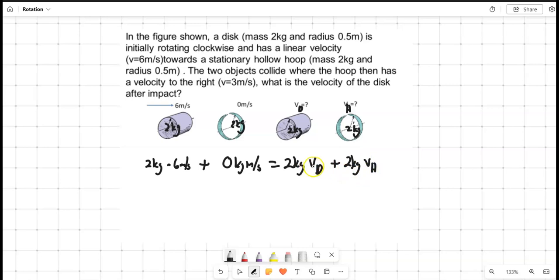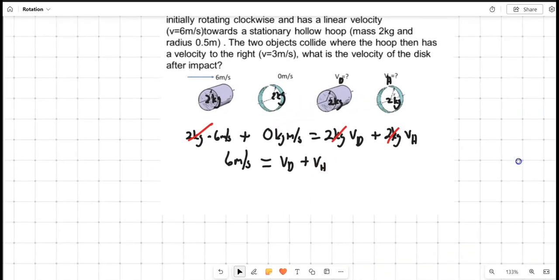In this problem, the 2 kilograms are going to cancel out, and the hoop's initial momentum is just 0, so it's not affected. So the initial velocity of the disk is equal to the final velocity of the disk plus the final velocity of the hoop.